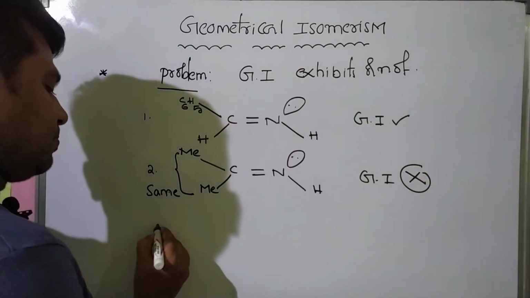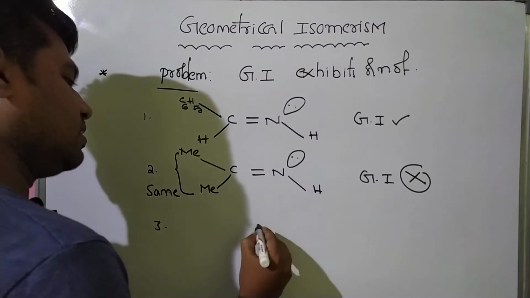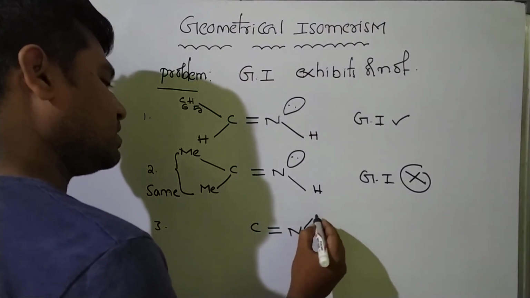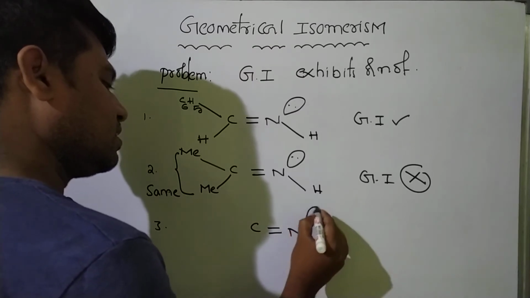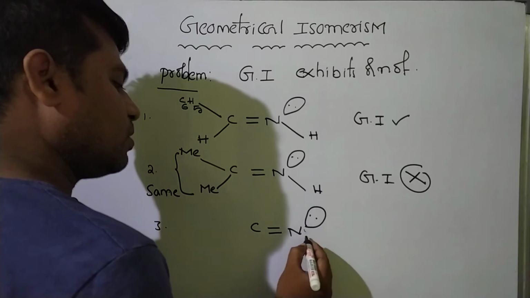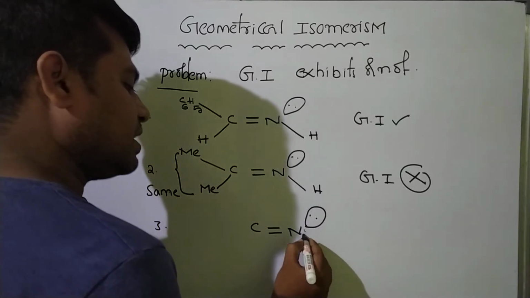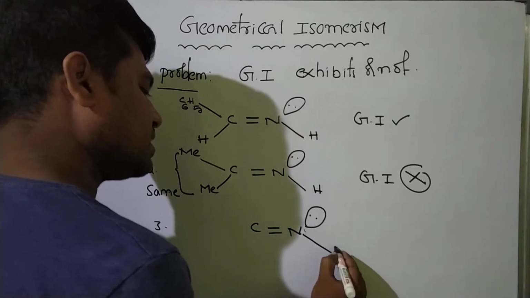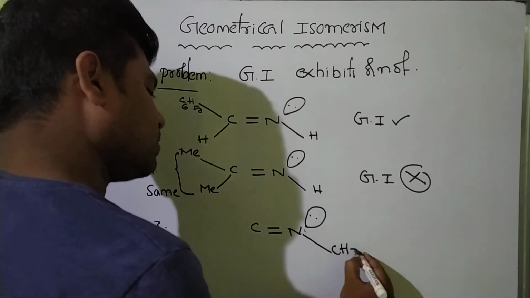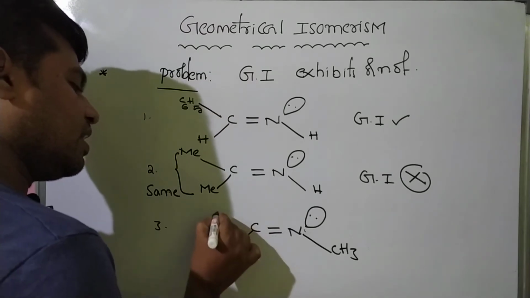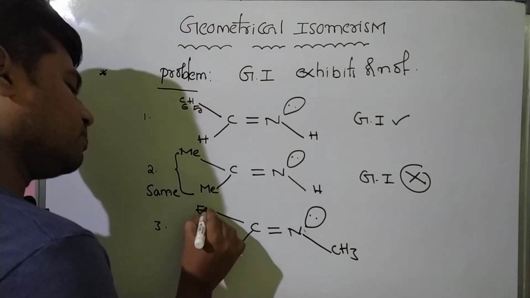Okay, next. Third example. C double bond N. So this is a lone pair. So this will also be considered as one group or atom. Now this is some alkyl group. So this is hydrogen atom and this is some ethyl group.